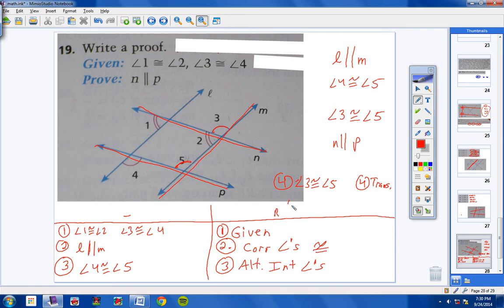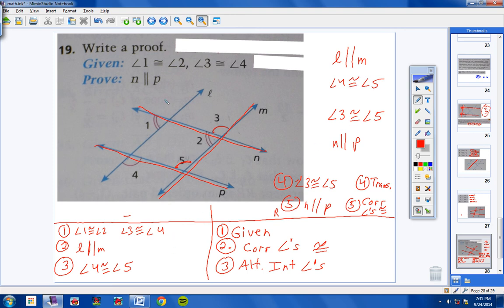So I can now definitely state that N is parallel to P because I have corresponding angles congruent. Okay? And there we go. Pretty not simple proof. It was really hard to figure out, but once you had the brainstorming down and all the information, then it really fell into place pretty nicely.